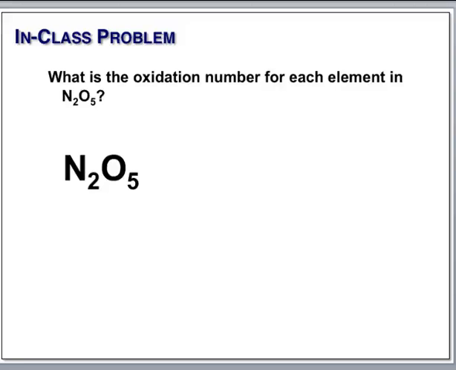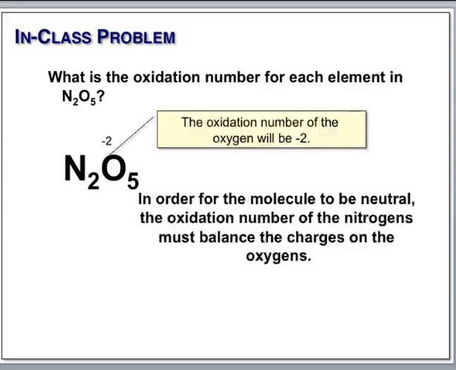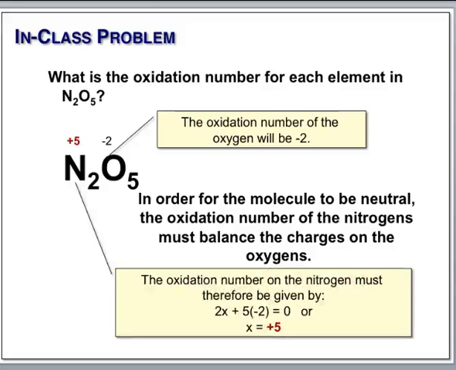What's our oxygen going to be? Always going to be -2. How many negatives do we have? 10. We have 2 nitrogens. Every nitrogen must be +5.